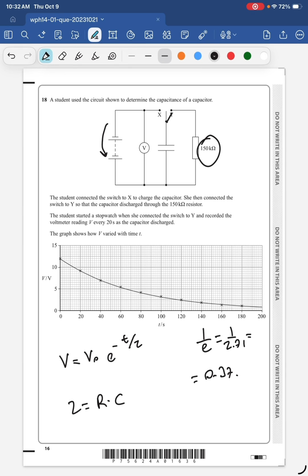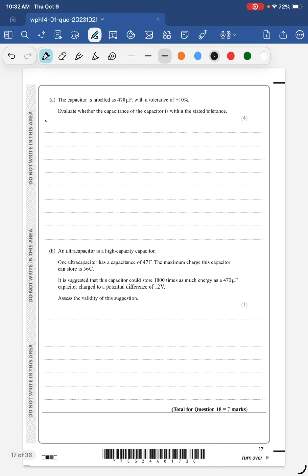And how can we find that? It's the time needed for the initial voltage to drop to 37%, right? So what's the initial voltage? So about 12 volts is the initial voltage. So V naught is 12 volts, and 37% of that is 4.44 volts.